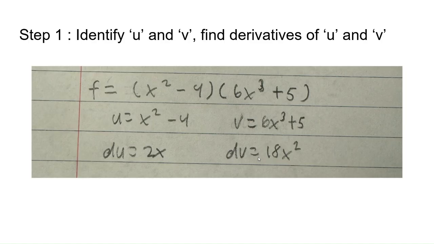And using the power rule to find the derivative of that, we would get our du, which is 2x. Furthermore, for v, which would be our second factor, it would be 6x cubed plus 5. And then again, using the power rule to find dv, it would be 18x squared.